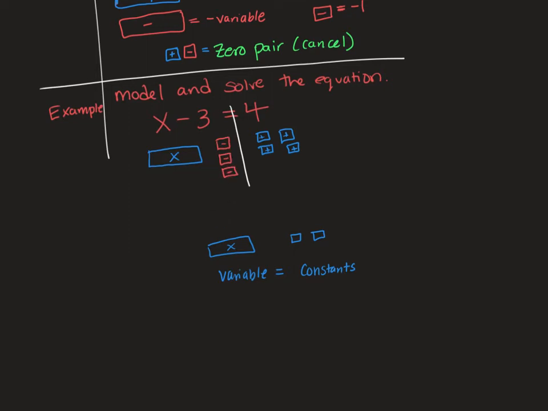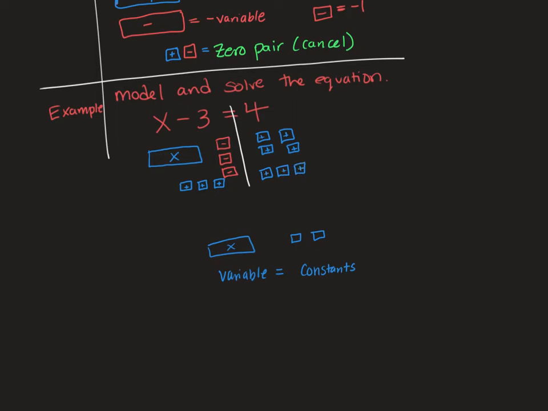So I'm going to go ahead and just come to the side, and I'm going to add 3 constants to this side. But the thing about equations is, what I add to one side, I have to add to the other. So I'm going to also add 3 constants to the other side.